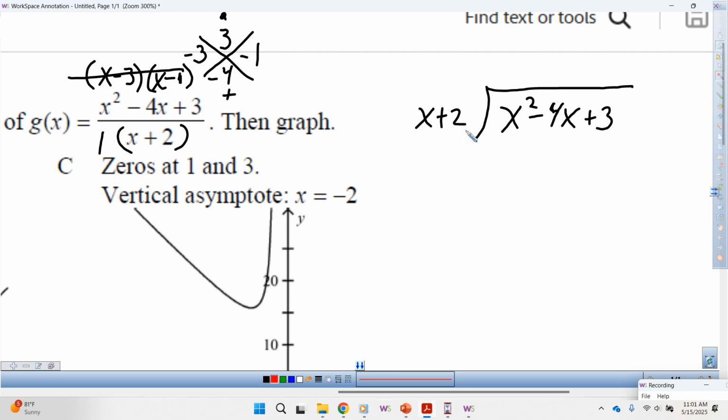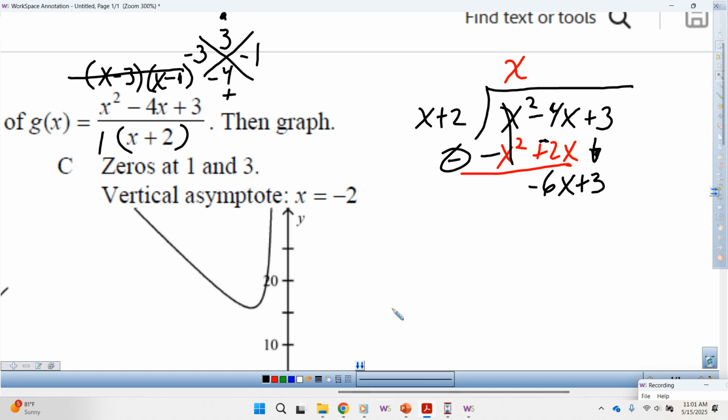So what times x gives me x squared? Well, that is x. x times x is x squared. x times 2 is 2x. Subtract, distribute that here and here. So that leaves us with -6x. Bring down the +3. Let's do it again.